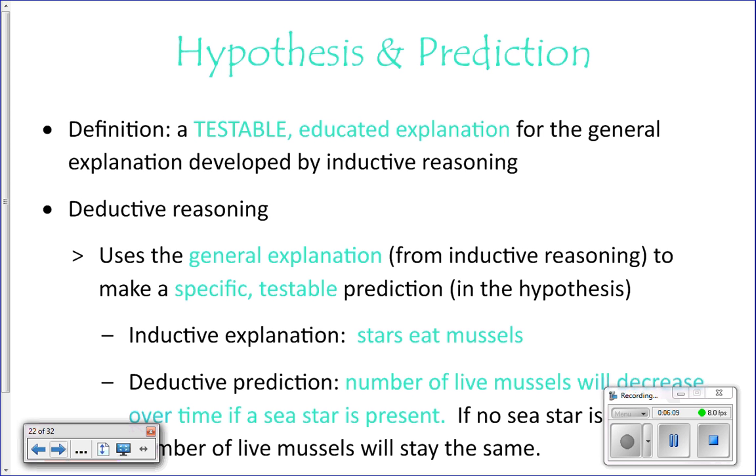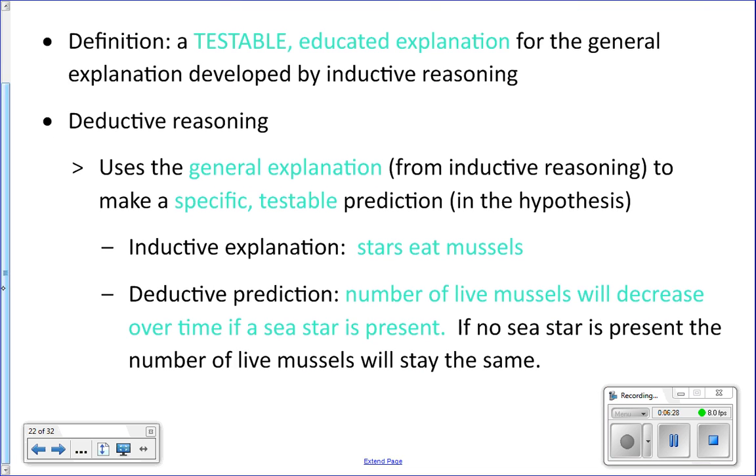So our general explanation was that the starfish are eating the mussels. So we're going to come up with a hypothesis, a testable educated explanation for that general explanation. Okay? So deductive reasoning takes a general explanation and forms a specific testable prediction.